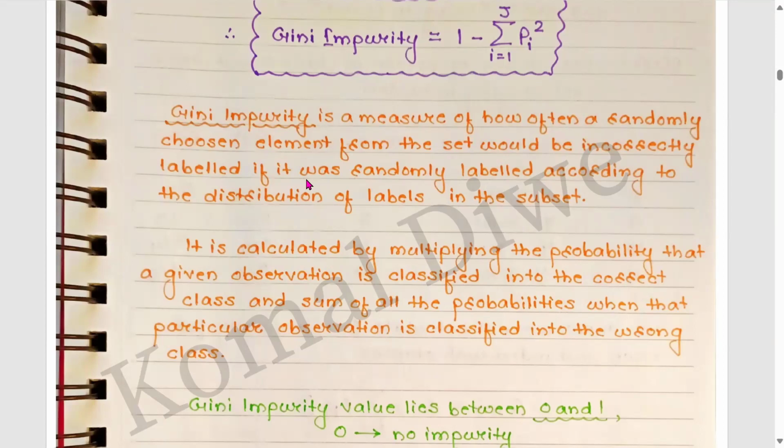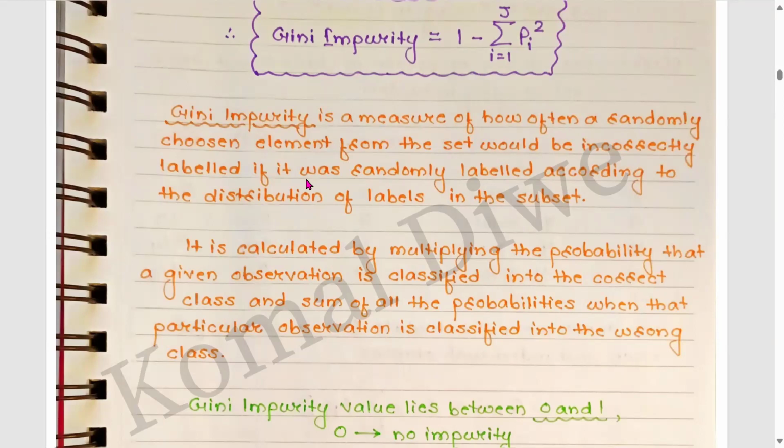Gini impurity is a measure of how often a randomly chosen element from the set would be incorrectly labeled. How often means frequency.